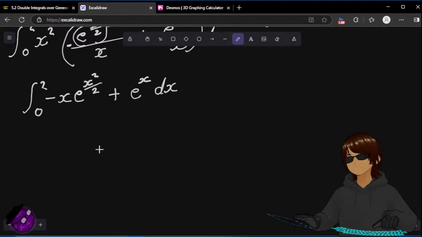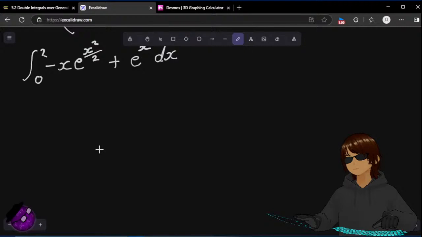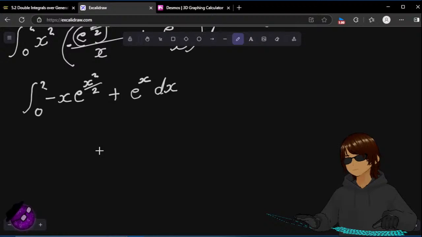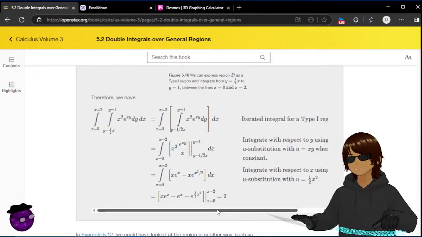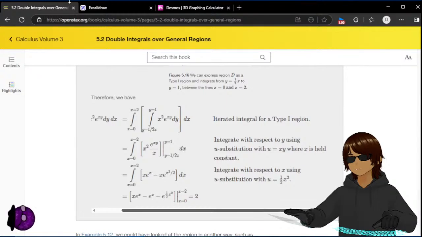Now, what's the integration of this? Integrate with respect to x using u substitution.